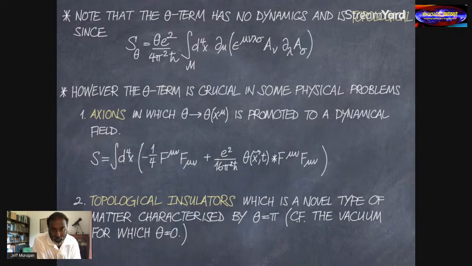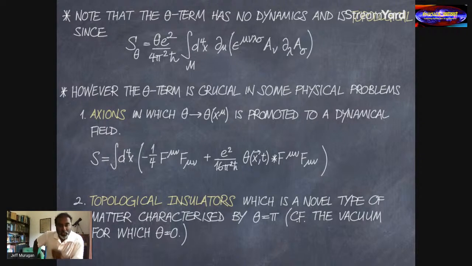The first such physics problem is in the idea of axions, in which this theta coefficient in this action is promoted to an actual dynamical field. It has dynamics of its own, and it's a function of space-time variables. And this gives rise to a set of particles that high-energy physicists or cosmologists call axions.